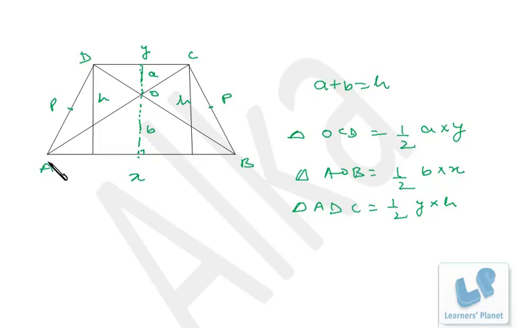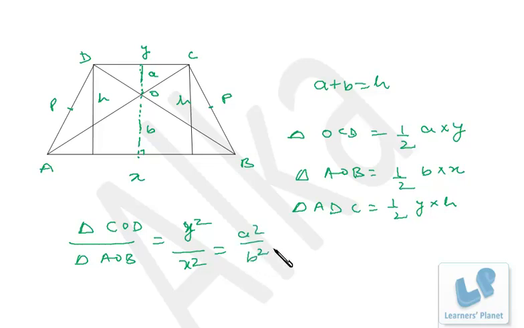Now we know triangle AOB is similar to triangle COD. If two triangles are similar, their areas will be in the ratio of the squares of their sides, or we can say altitudes as well. So the area of triangle COD by the area of triangle AOB is equal to y square by x square, or we can say a square by b square.